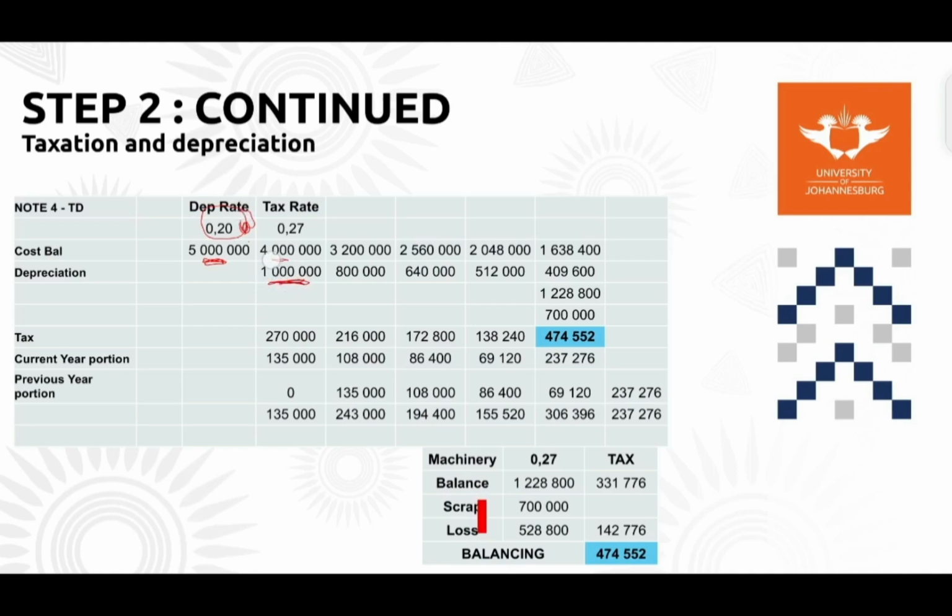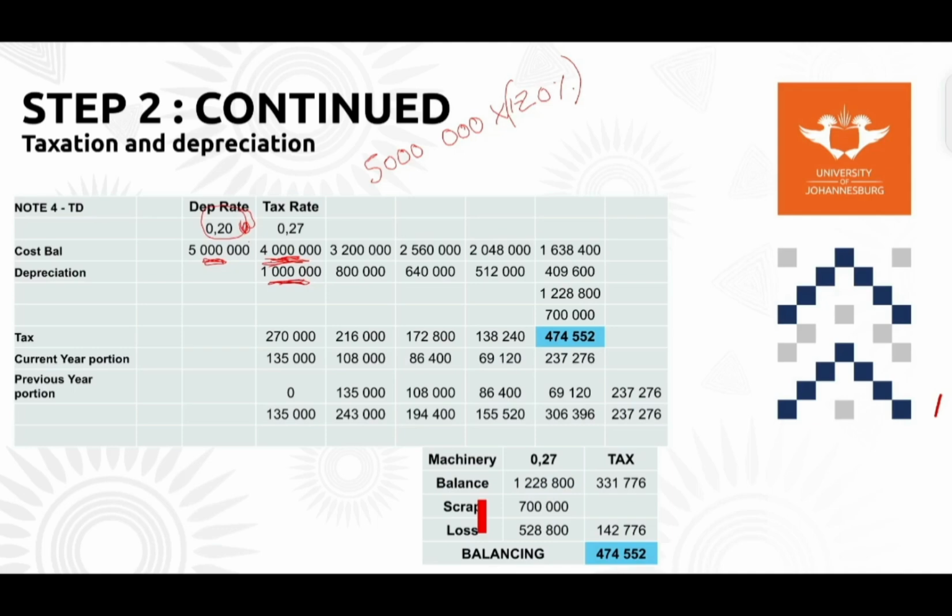But in order for us to get this value, you're going to say 5 million multiplied by 1 minus 20%, right? And then you'll get your 4 million, which is now your new depreciable value, right?